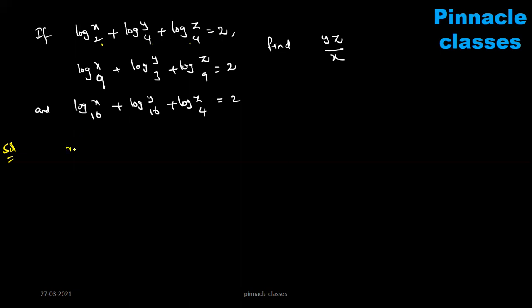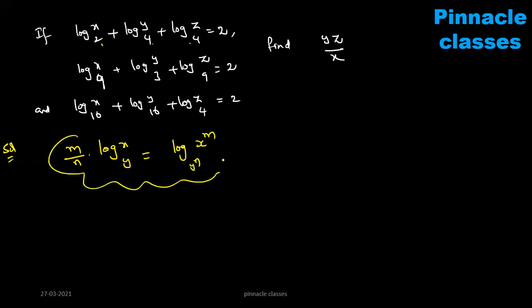So carefully see. m by n into log x to the base y, how to write? Logarithm of x power m to the base y power n formula. Accepting this formula? Yes. Like that, here bases 4, so convert into base 4. Multiply and divide with 2.